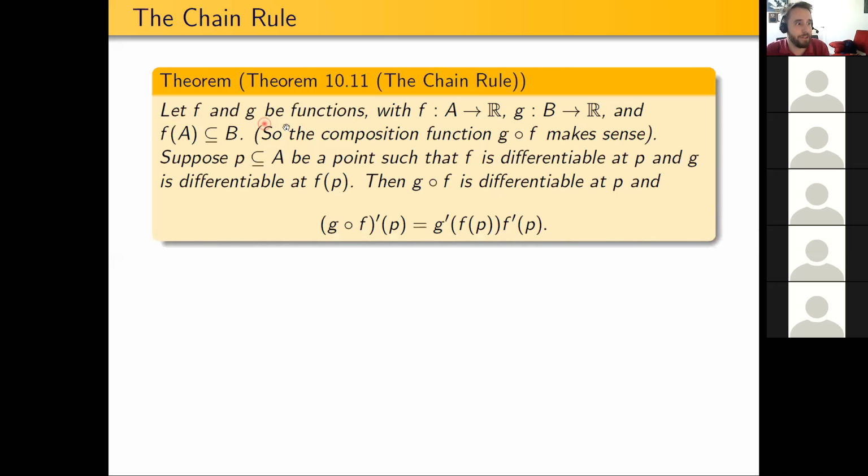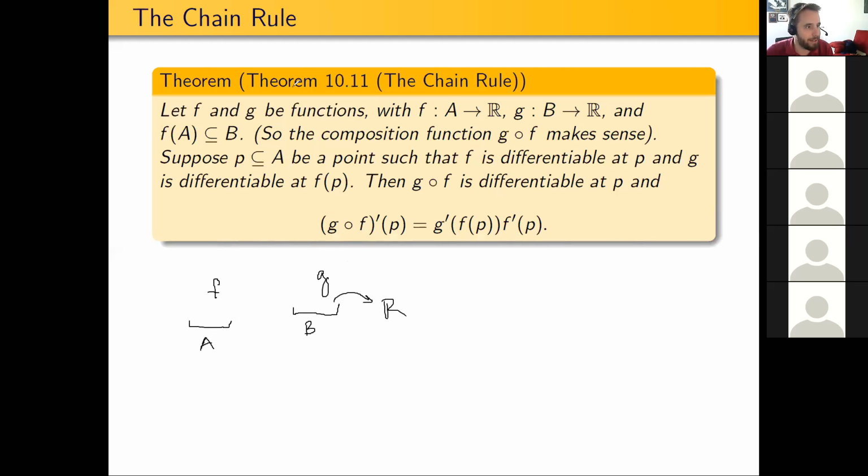So f and g are two functions. f is a function with a domain of A. g is a function with a domain of B. And we're specifying at the beginning that the image of A is a subset of B. What that means is g is a function that maps the set B into the real numbers, while f is a function that maps A into the real numbers.